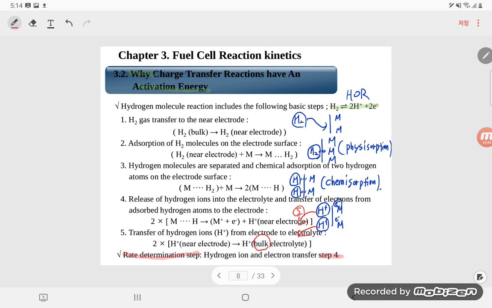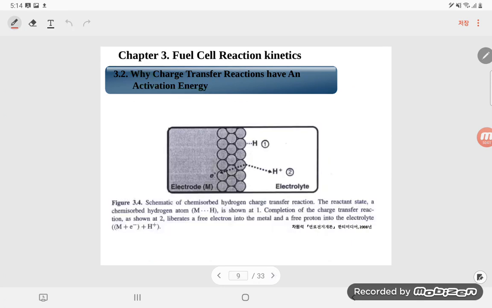So step number 4, this step is the slowest reaction. So if we consider the fourth step, then we can determine the kinetics or the rate of the chemical reaction, right? Then let's talk about this fourth step.